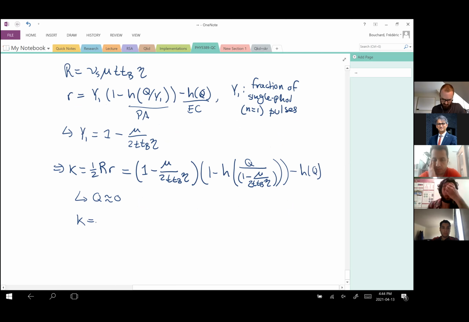And then K becomes, by the way, I forgot an R here. Okay, so now K is equal to eta, and then there's that term, and the rest goes away.